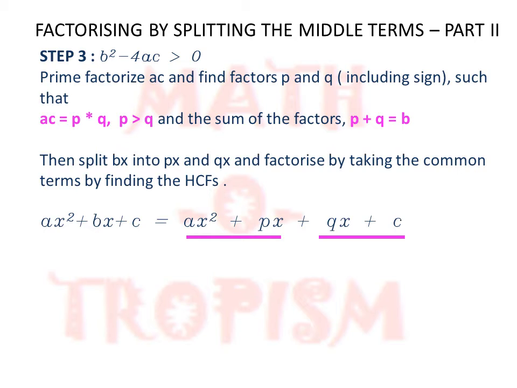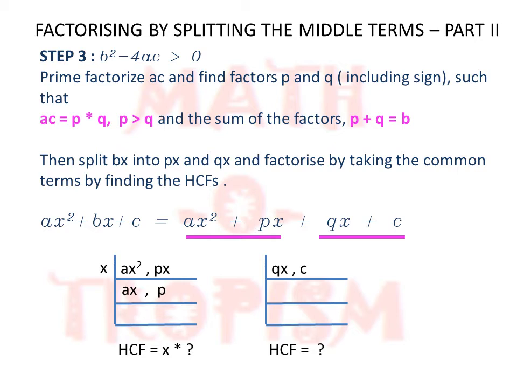So ax square plus px we will group together, qx and c we will group together. Then we will take the highest common factors of ax square and px, and qx and c. Once we find the highest common factor, we will split the middle terms, take out the common terms, and write it by factorizing later.